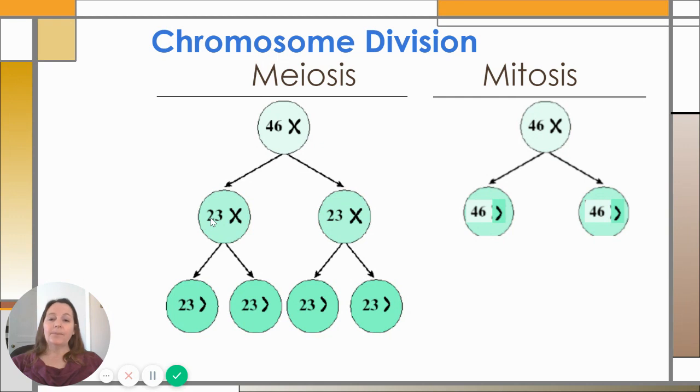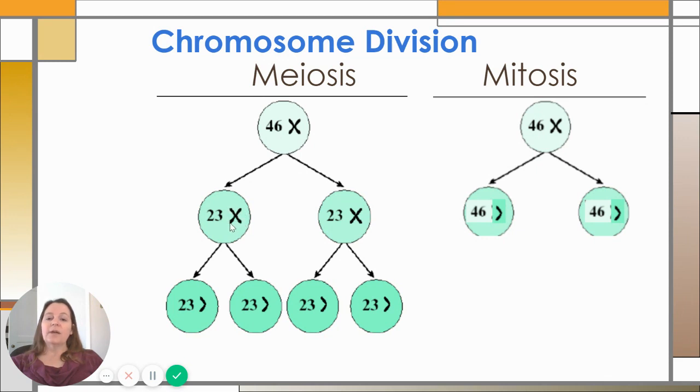If you remember, every cell in your body has 2 copies, right? We have 23 pairs. And that's what we mean when the homologous pairs are separated. So we end up with 23 in each cell, and it represents 1 out of each pair. So there are still copies here though, right?